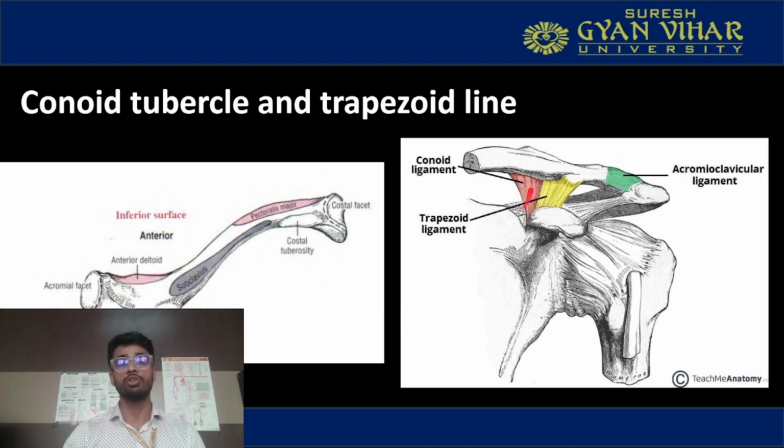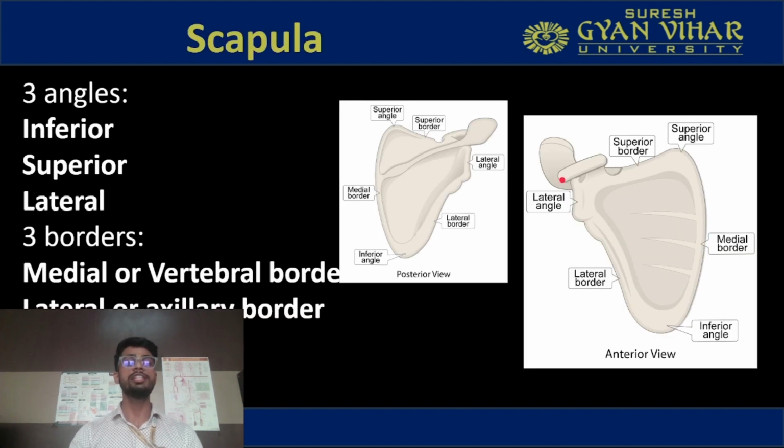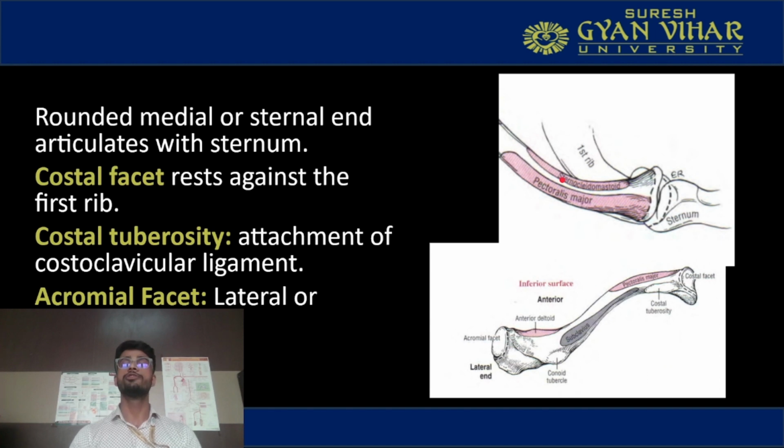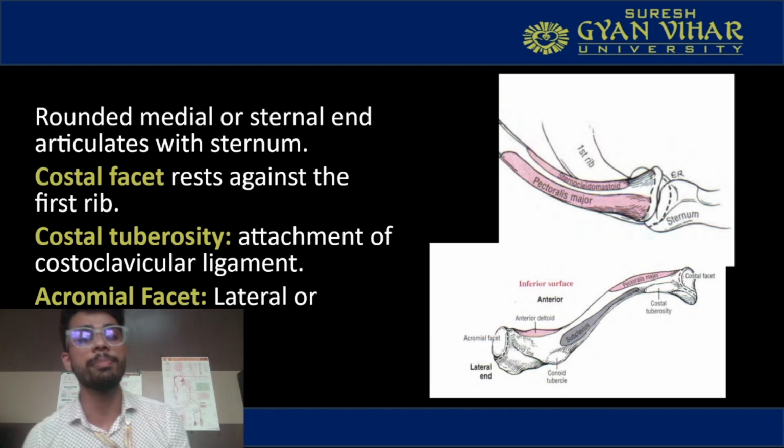First is the conoid ligament, which is cone shaped, and second is the trapezoid ligament, which is trapezoid shaped. The conoid ligament inserts at the conoid tubercle and the trapezoid ligament inserts at the trapezoid line or trapezoid ridge.